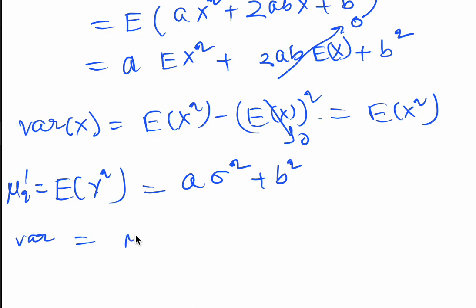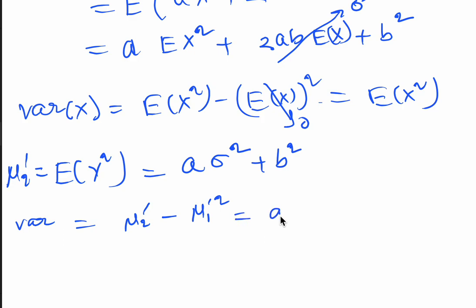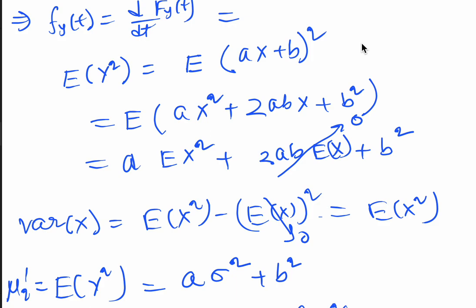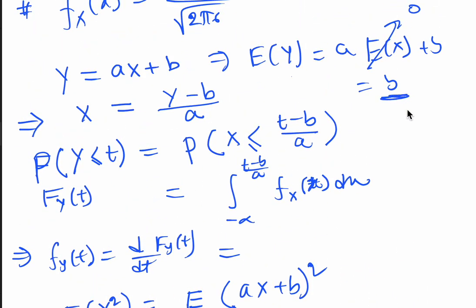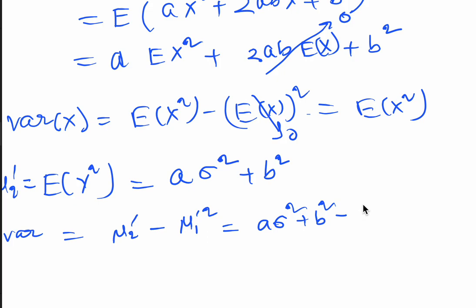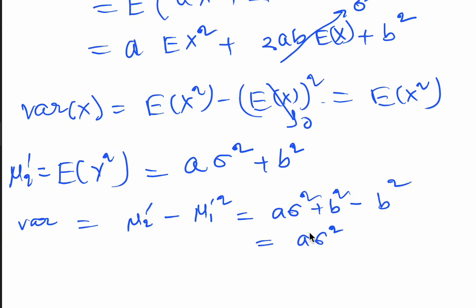Now what will be the variance of y? Variance is mu 2 prime minus mu 1 prime squared. So this will be a square sigma square plus b square minus, what is the expectation of y? Expectation of y is simply b, so minus b square. So it will be a square sigma square, and here the variance sigma square is 4.